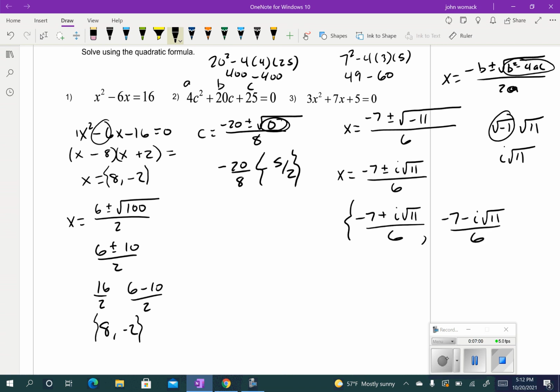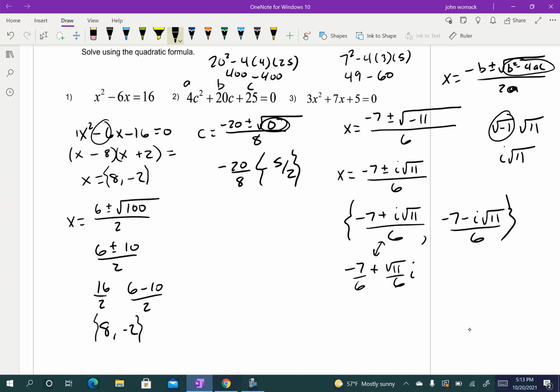Those are my two solutions. Now, if I wanted to write those as complex numbers, it would look like this. I could split that fraction apart and write it as negative 7 over 6 plus square root of 11 over 6 i. These two things are the same thing, right?